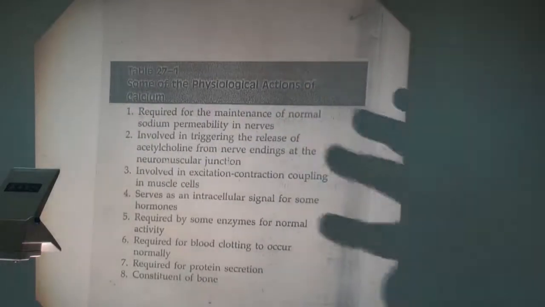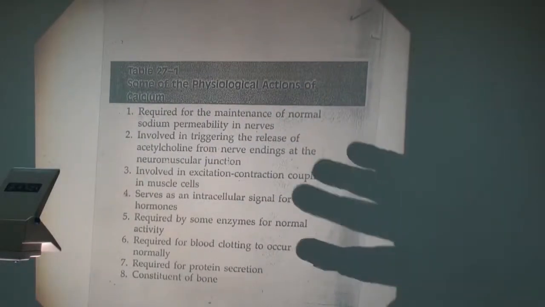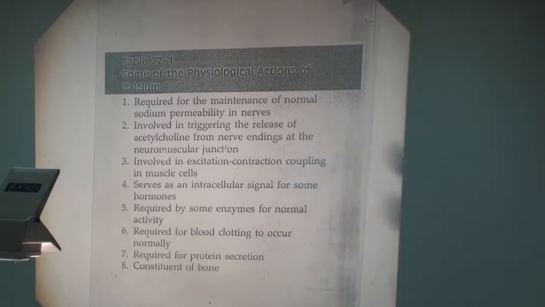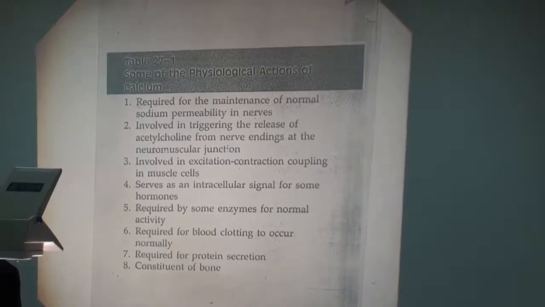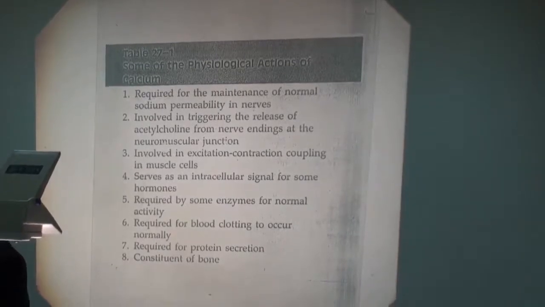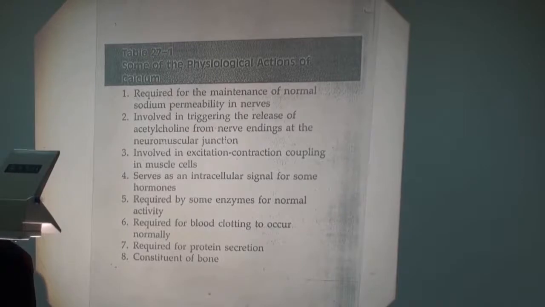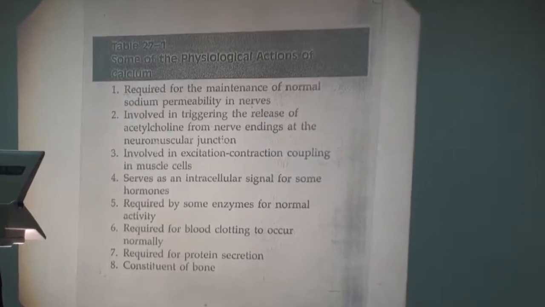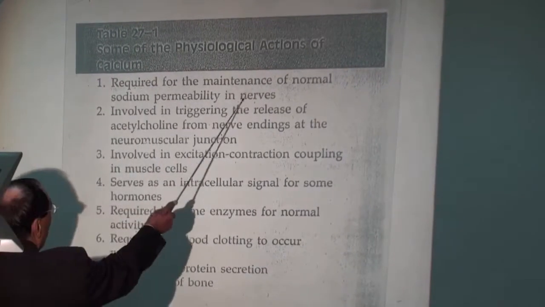While we are talking about calcium, vitamin D and parathyroid hormone, let us have an idea about the functions of calcium in the body. I'm sure you know all the functions of calcium in the body; they are just gathered together.